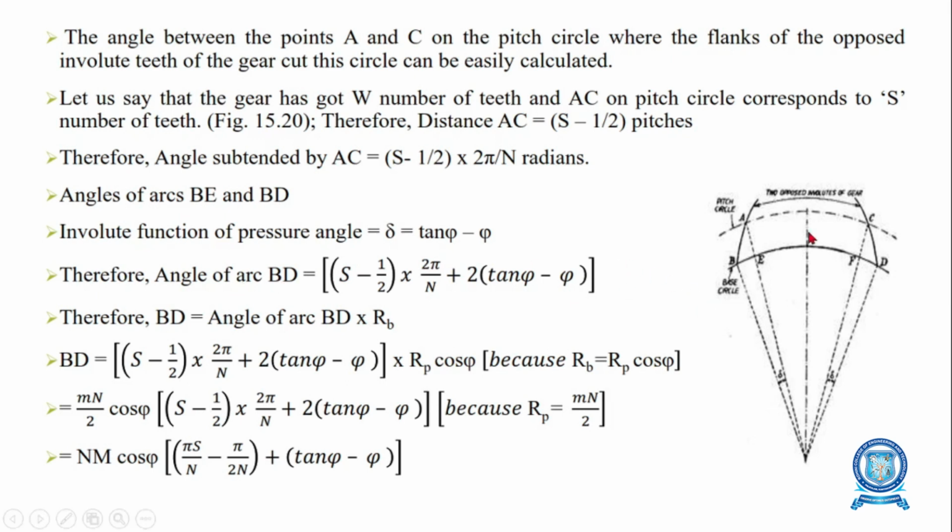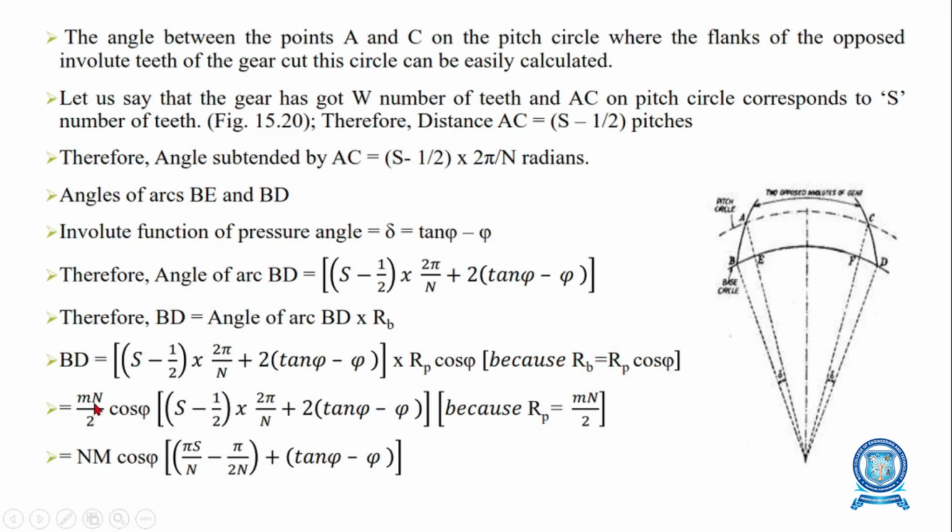Angle of arc BD is equal to (S minus 1/2) into 2 pi by n plus 2 into (tan phi minus phi). BD is equal to angle of arc BD into RB. Therefore, BD is equal to [(S minus 1/2) into 2 pi by n plus 2 into (tan phi minus phi)] into RP cos phi, because RB is equal to RP cos phi.